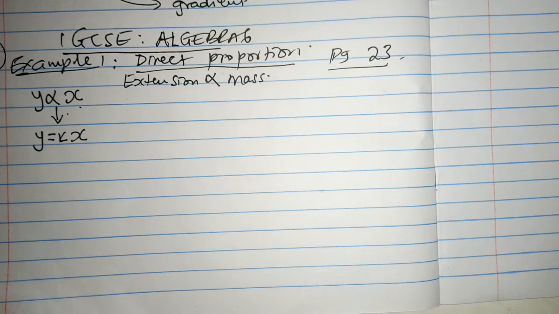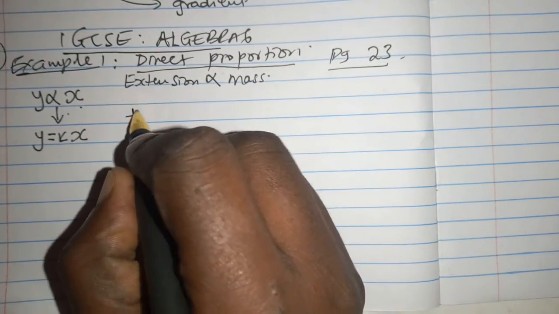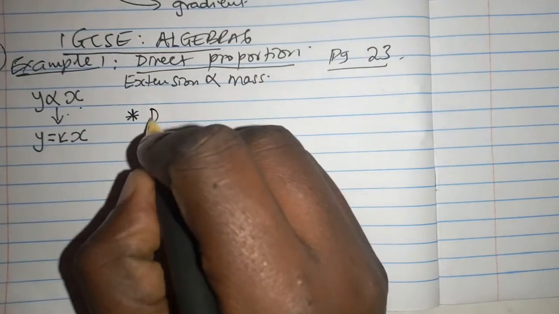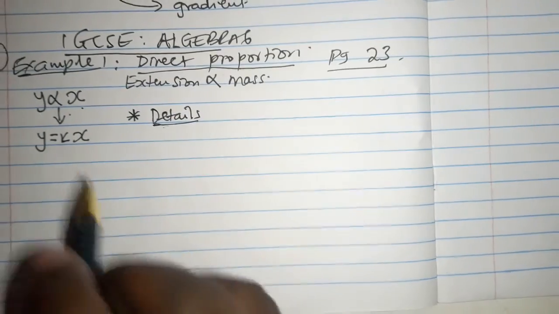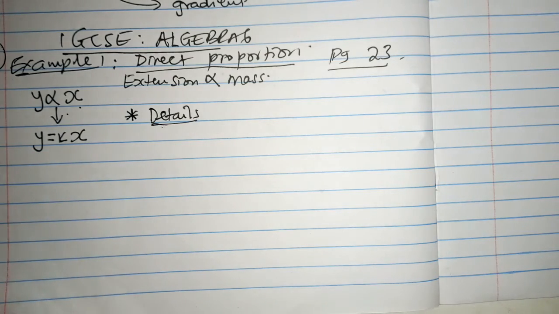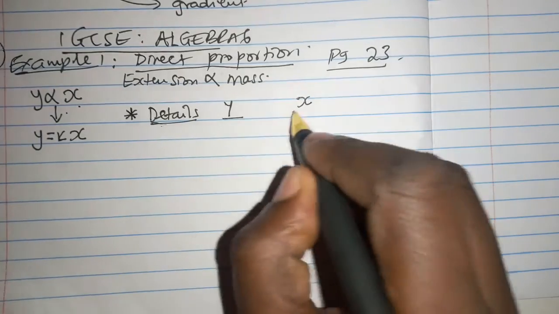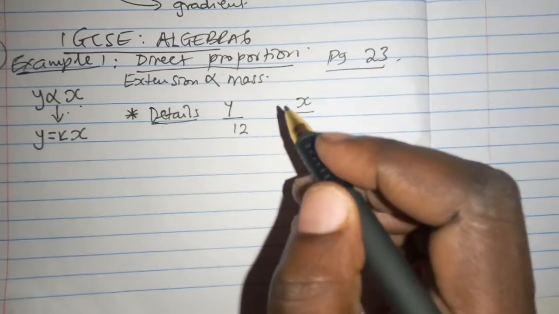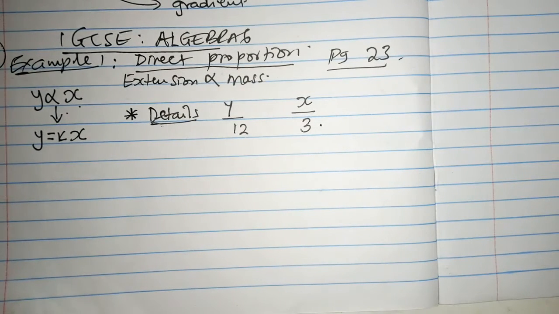Now, a very important point: the details. There is no way we can get the value of y, neither the value of x, if we do not have the details. When y is equals to 12, x is equals to 3. We must have that in mind.